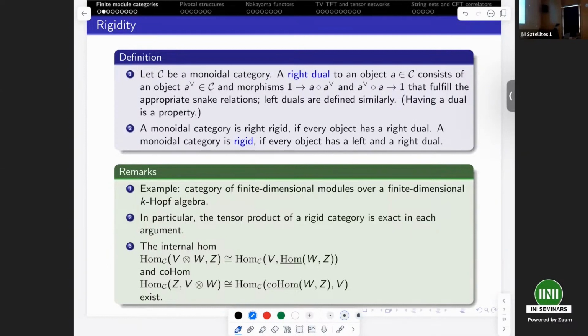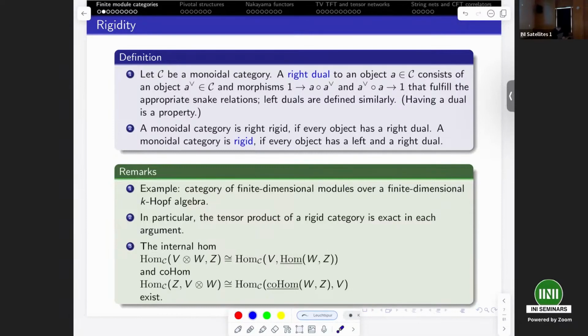So let me briefly look at these internal homs. Here we have the tensor product, and we can now prove in this setting that the functor tensoring with W has a right adjoint. This right adjoint is the internal hom, the inner hom.